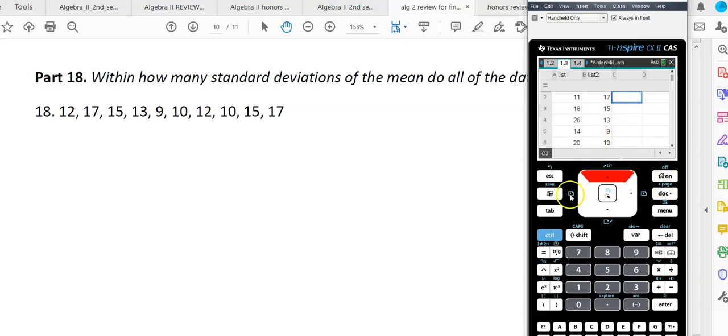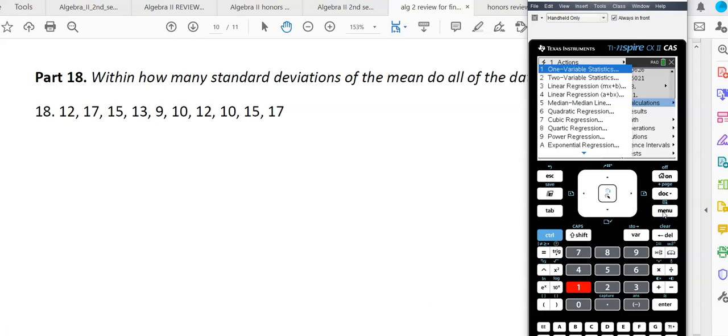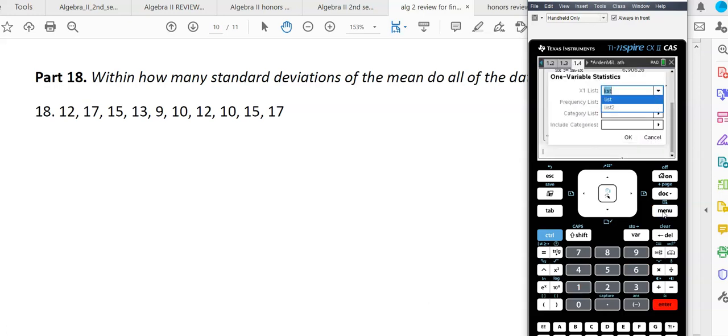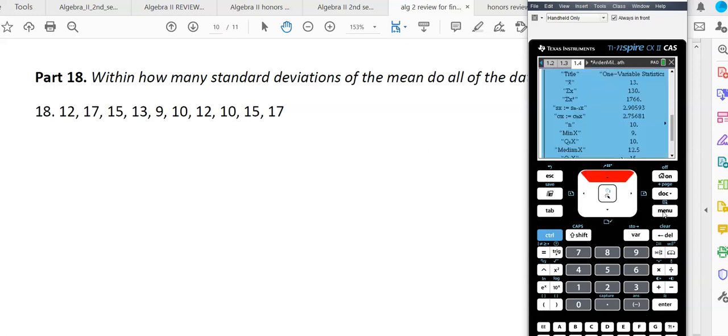Okay, let's go back to the calculator page. Then use 6-1. How many standard deviations? So we have a mean of 13.